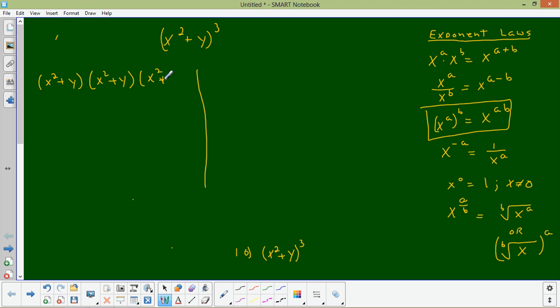Now the first product, if you multiply this pair, that should be pretty easy. You're going to get x to the fourth, and of course you're going to get y squared, and then the outer pair and the inner pair is going to get a double of x squared y.